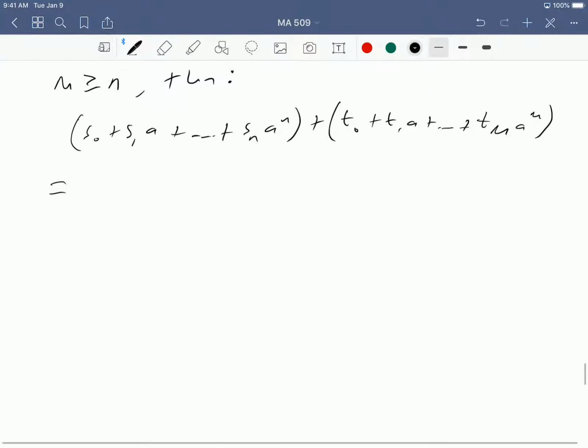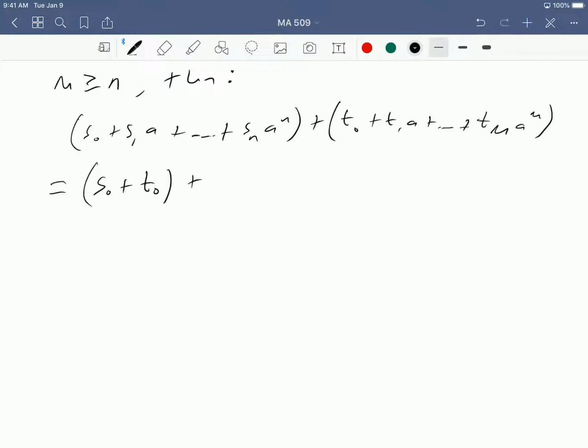So my sum is going to be S0 plus T0 as the constant term there. That's what we usually call it. And then S1 plus T1 is going to be the coefficient in front of a to the first. I'll write down the second one even though we didn't write it down, just so we see the pattern.